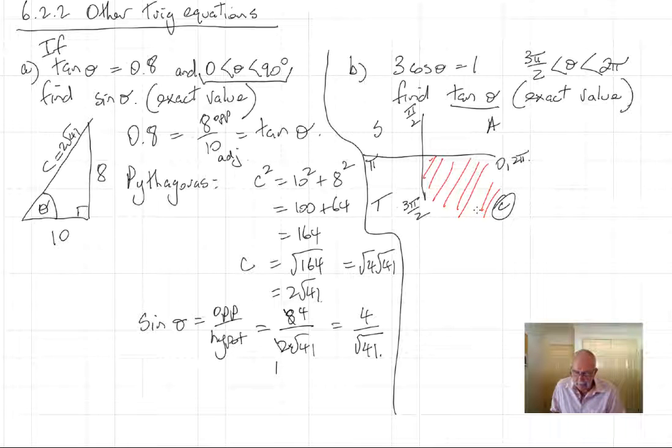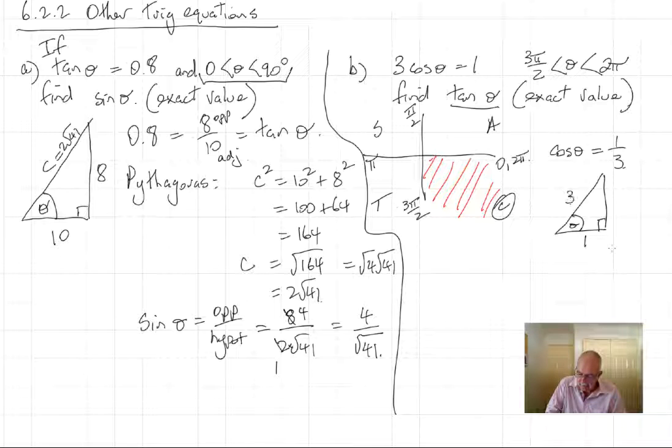So my next step is to rearrange this, and I divide both sides by 3, and I get cos of theta equals 1 over 3. Now we construct just like we did before. Here's my theta. Imagine it's just a basic angle, if you like, in the first quadrant. Cos is 1 over 3, and we can call this A, if you like.